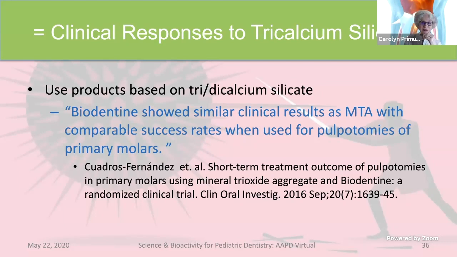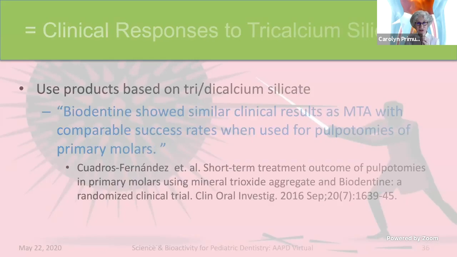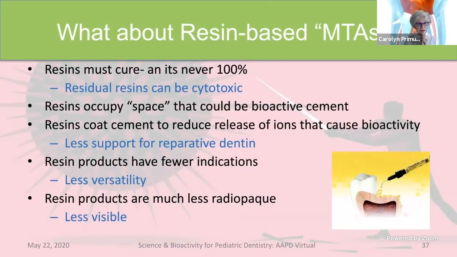So in this study of pulpotomies in primary molars of ProRoot MTA versus Biodentine, they were equal. And I would have predicted that because they have enough of the bioactive cement in both products to be successful in protecting the pulp and inducing that bioactivity.